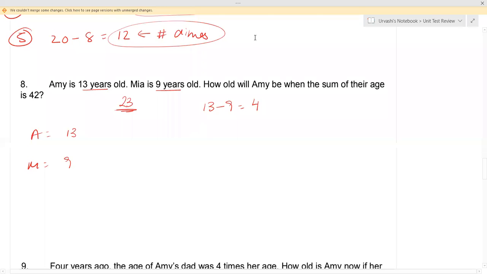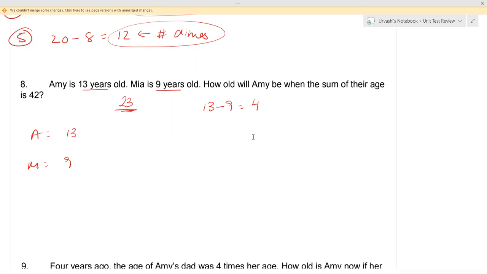Then I did 13 minus 9, which is 4. Okay, Melody, sorry.